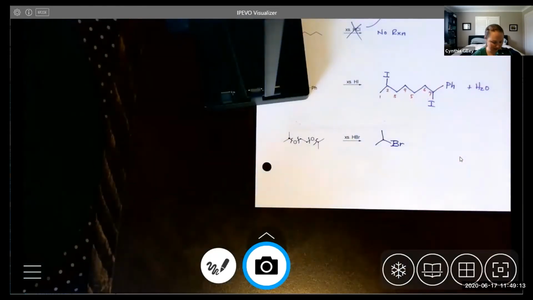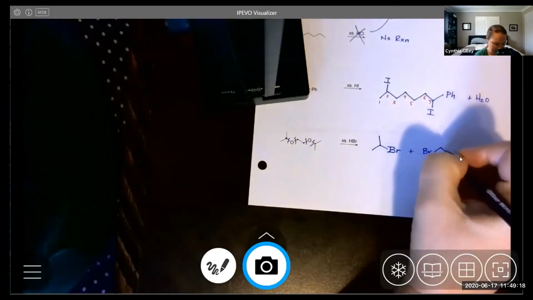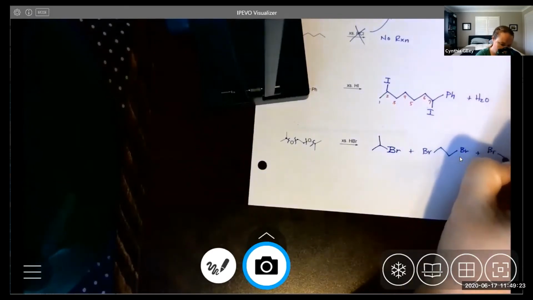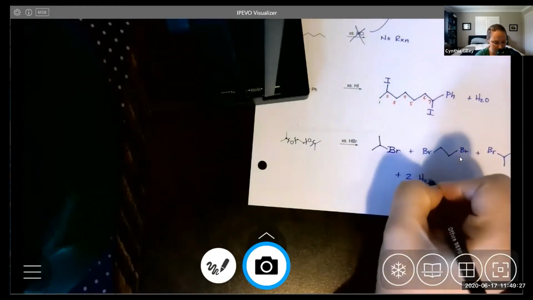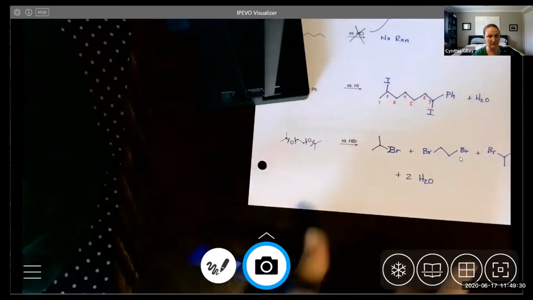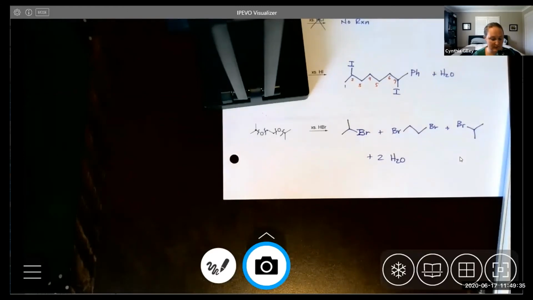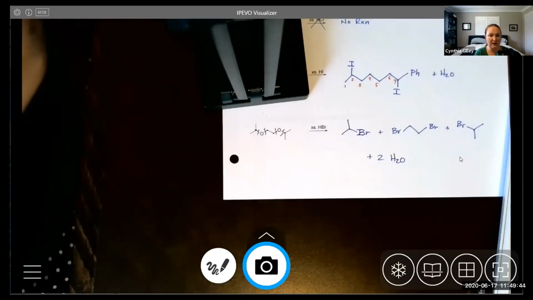Change that, and end up with bromine and 2 waters. There's a lot of cleavage going on. There are at least 4 equivalents of HBr. Any questions on cleavage of ethers with HBr, HCl?